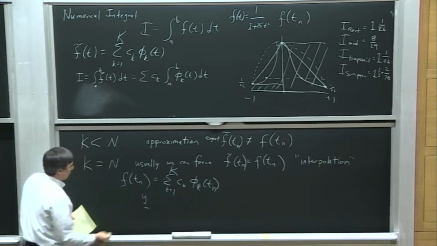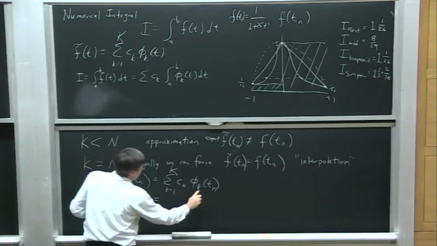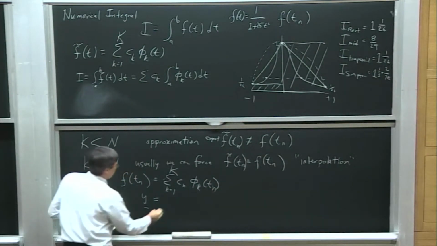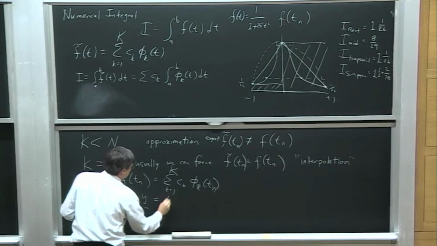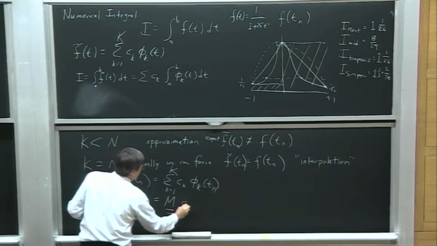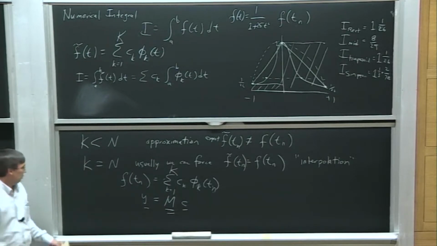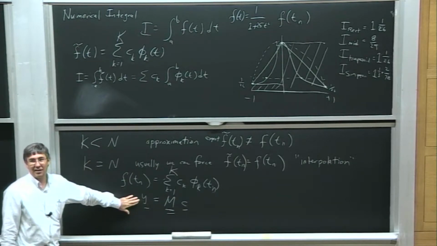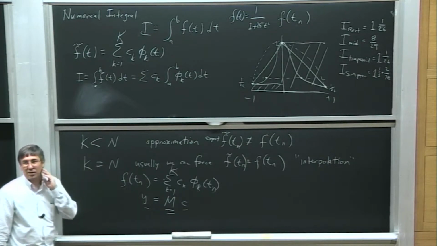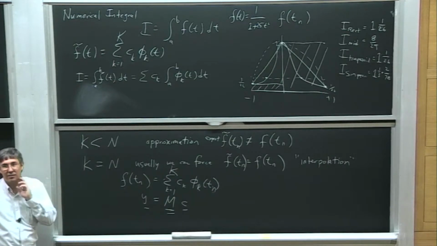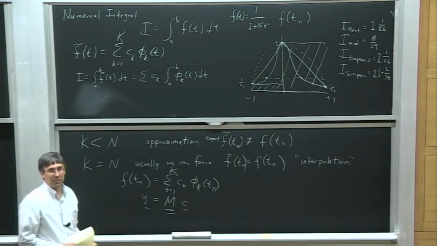I'll call it y. And this thing has two indices on it, so it looks like a matrix. I'll call that m. And c is my vector of unknown parameters. And wow, I know how to solve this one, right? So c is equal to m backslash y.